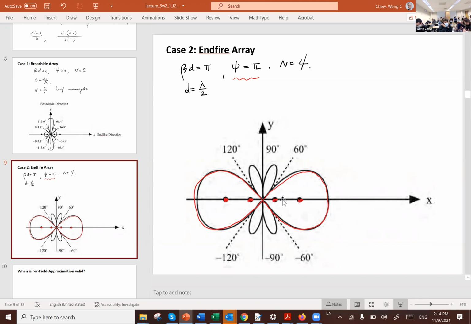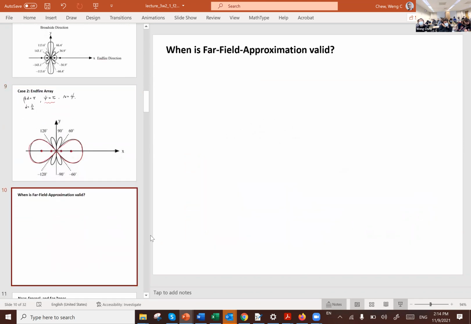This may not add constructively with this, but this one will add constructively with this. And this one will add constructively with this, and you have a gain in the power in the horizontal direction. Okay. So you can do some sanity checks if you need the plot. Any questions regarding this design of a planar array using a number of elements?